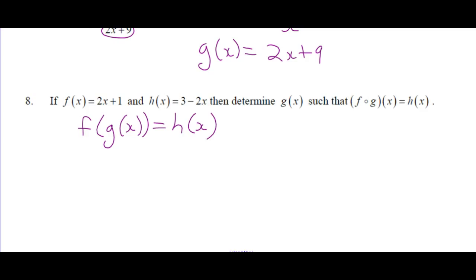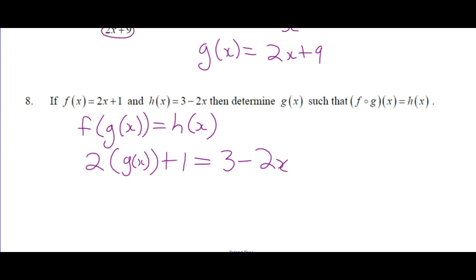Okay, now we know what f of x says to do, right? F of x says, okay, let's go 2 times the input, which is g of x, plus 1. So f of g of x is the input. The function f says take 2 times whatever's in here, so 2 times g of x plus 1, and that's going to be equal to 3 minus 2x.